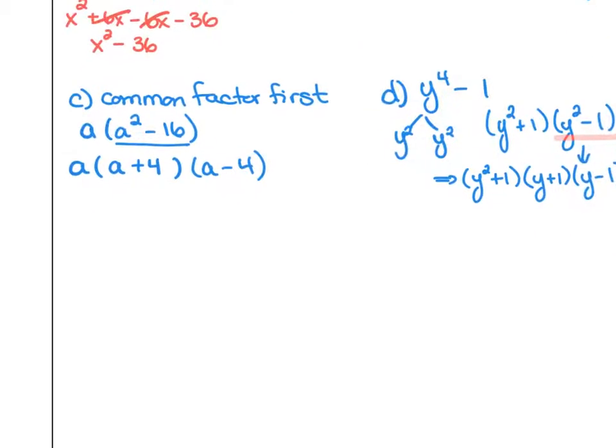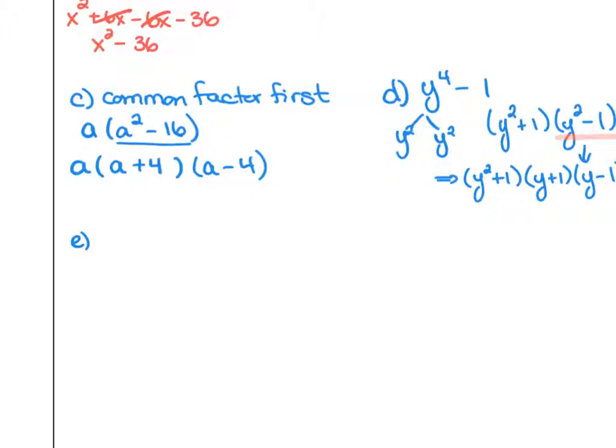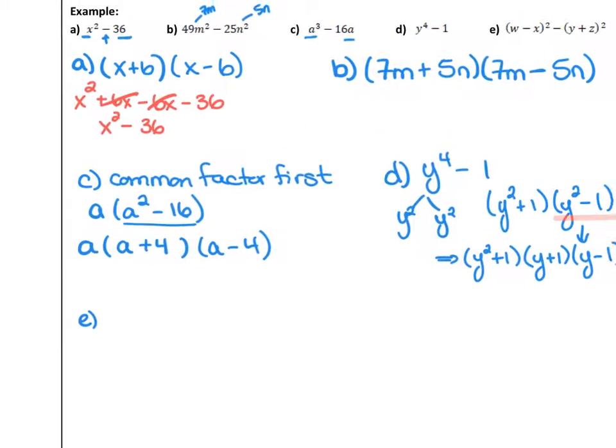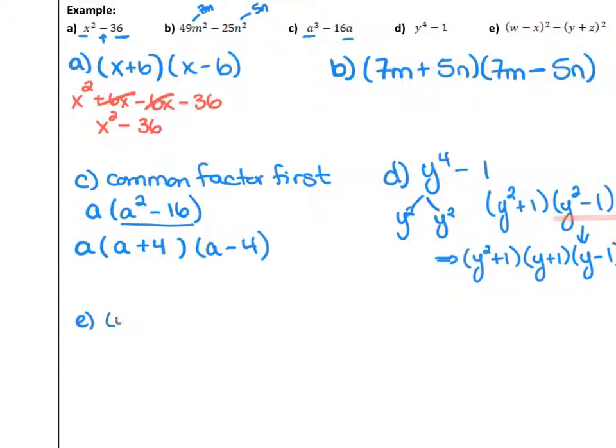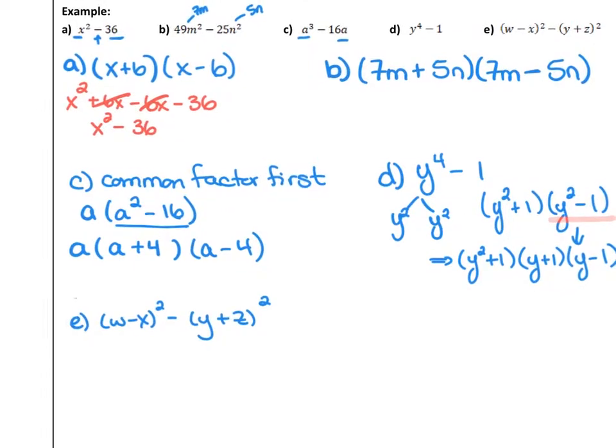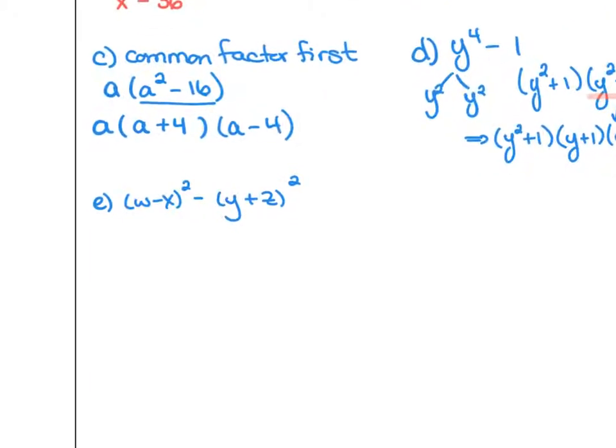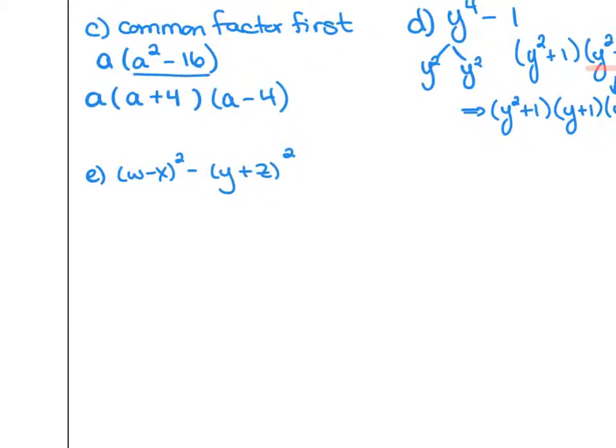Last question, E, which was w minus x squared. I'm just going to write it, minus y plus z squared. This one, you're going to treat each of these like this is a squared and this is a squared.